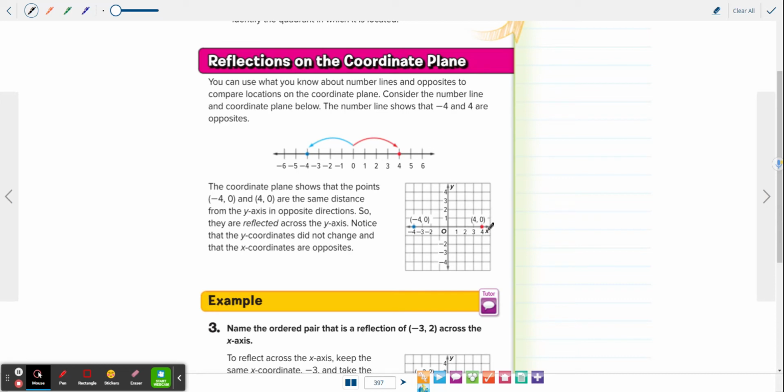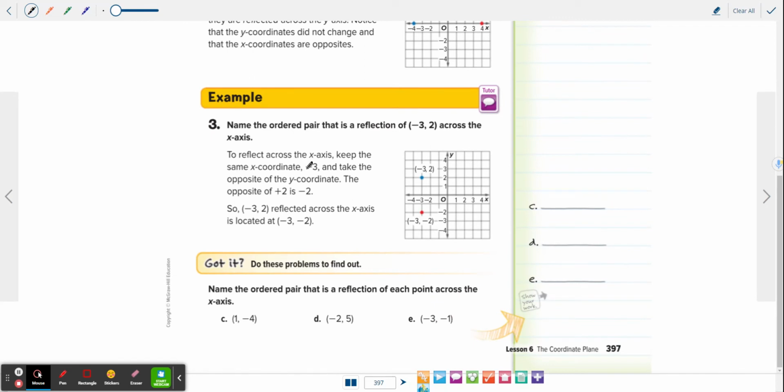So it goes all the way across to the other side, same distance from 0. It's the same number, it just looks backwards. So this is negative 4, this is positive 4. 0, of course, stays 0. So the 4, 0 is the reflection across the y-axis of negative 4, 0.